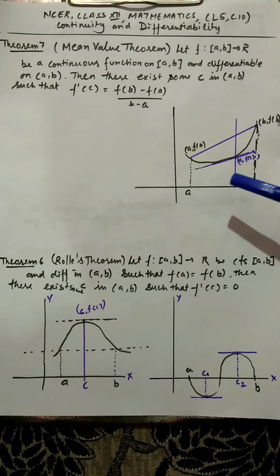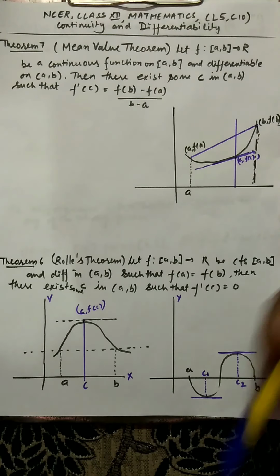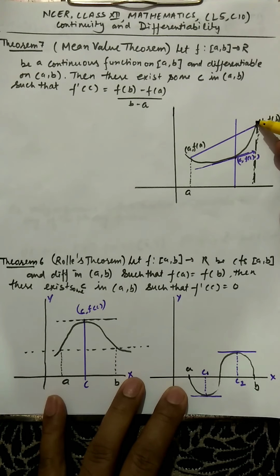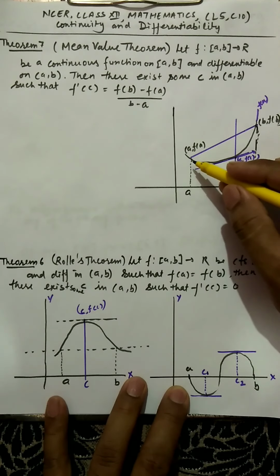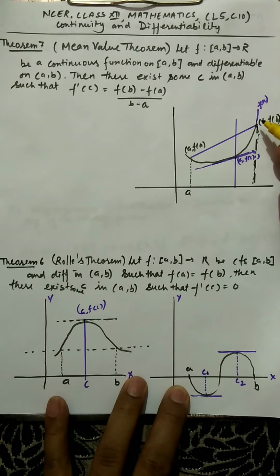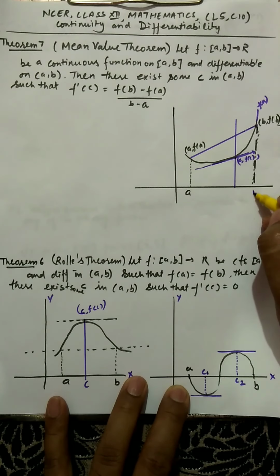So you see this graph. Let's say this curve is a function, f(x), and this is the interval point a, and this is point b of the interval.